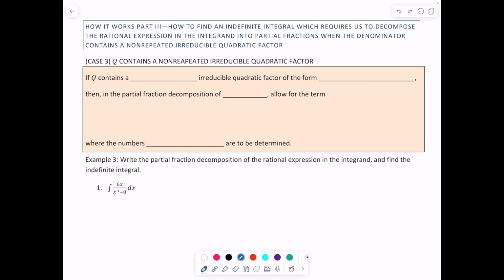So here we go. We're looking at the case where Q, the denominator, contains a non-repeated irreducible, that's important, quadratic factor.